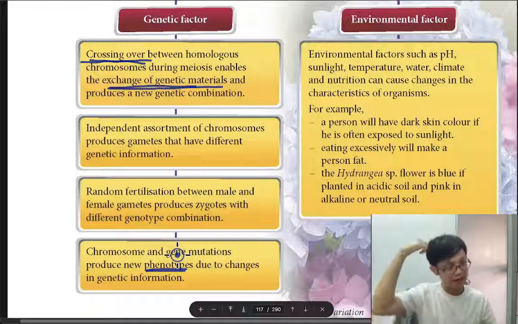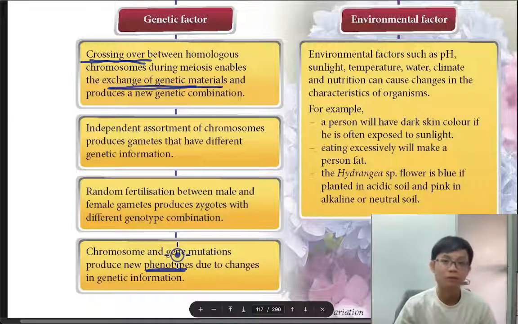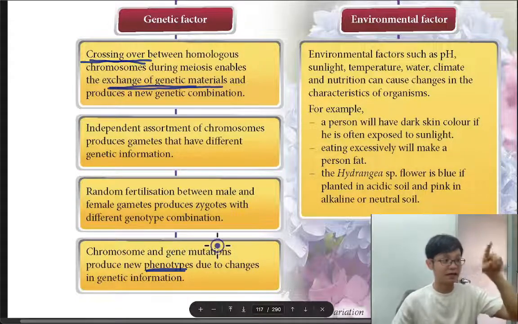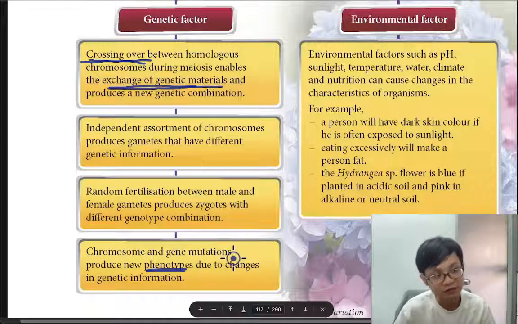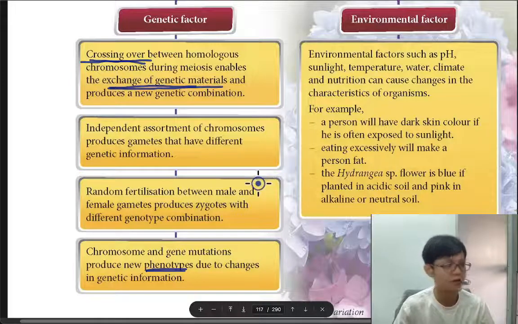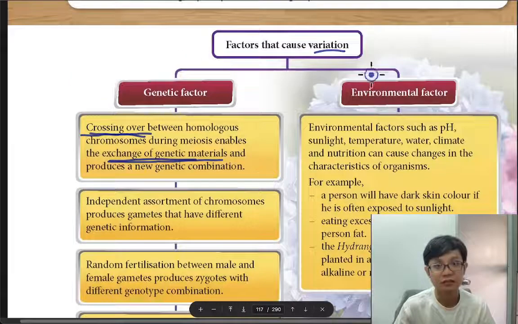Straight hair, curly hair, that is a phenotype. Depending on fertilization, we already know about dominant and recessive genes, that also causes variation. So people are not the same.